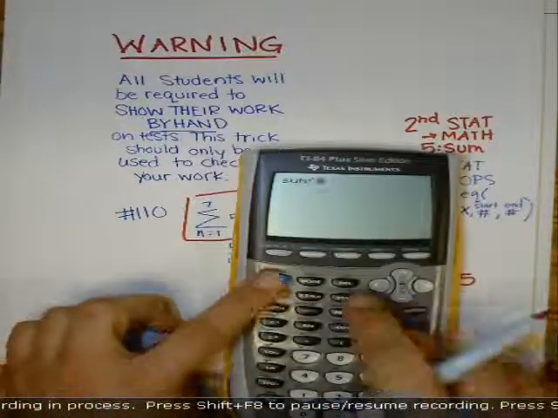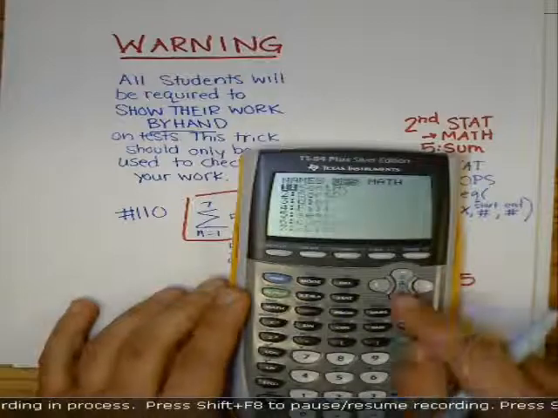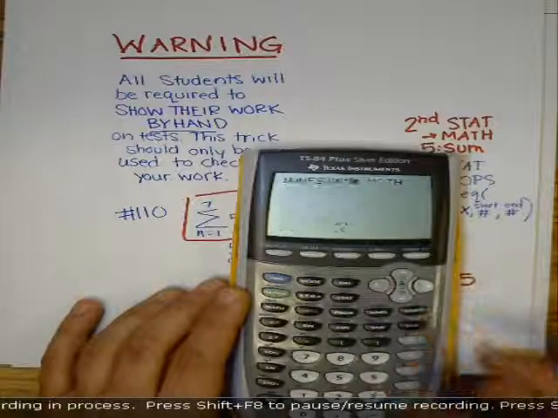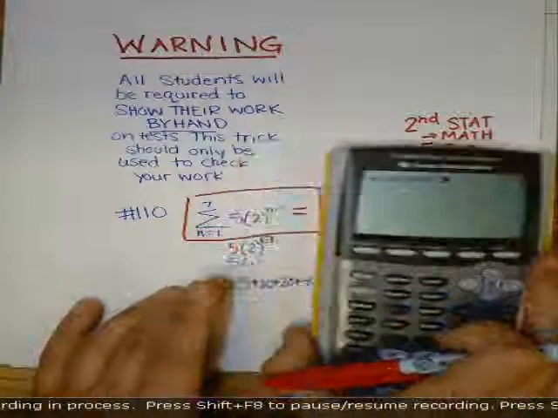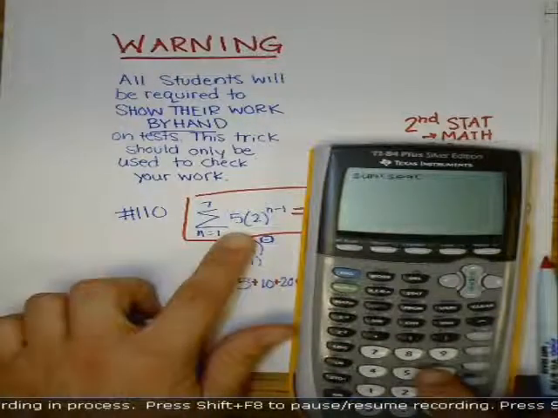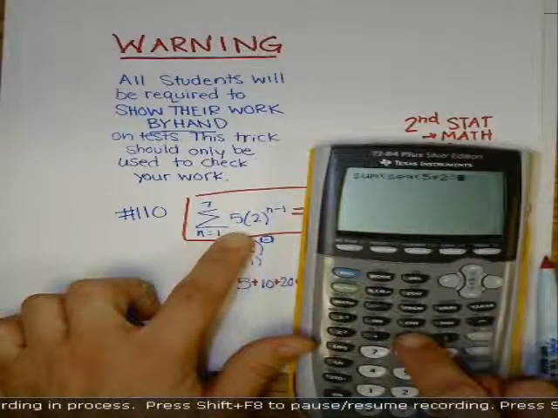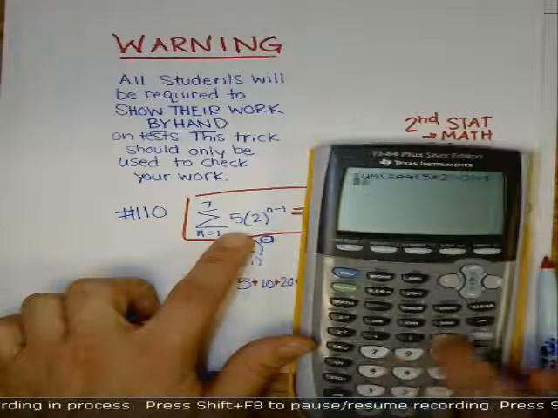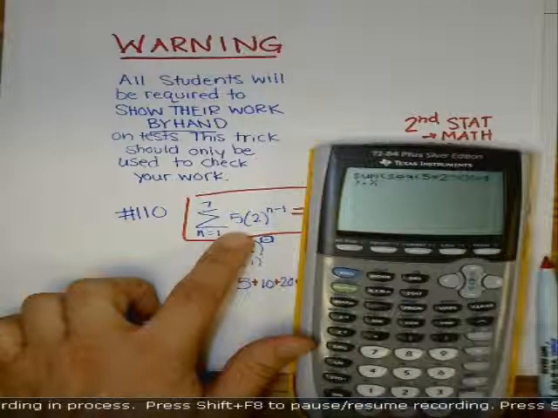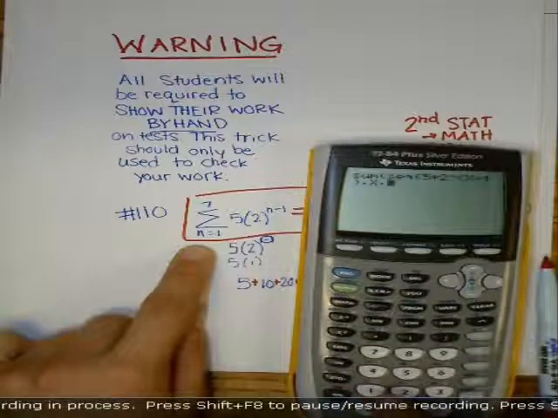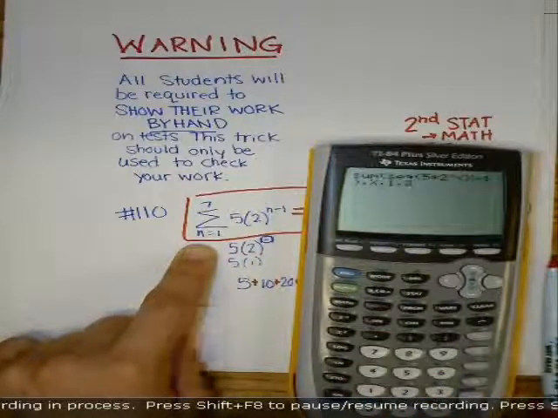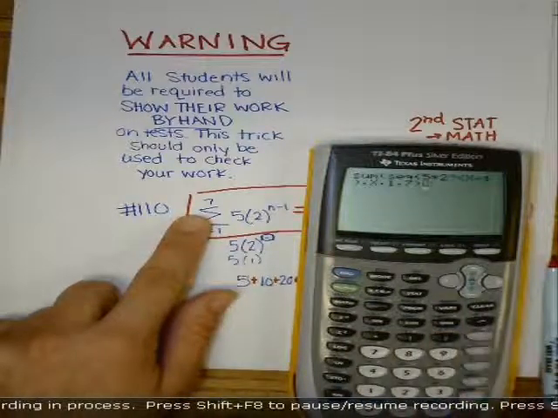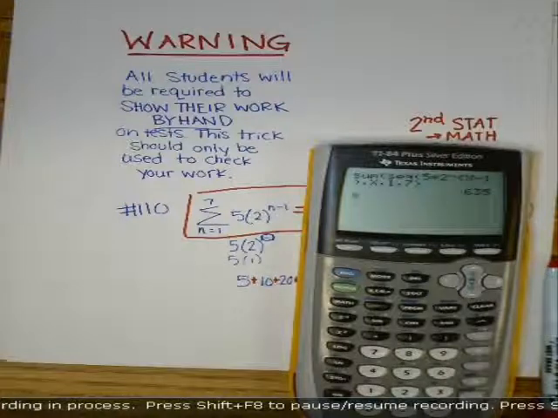So now I'm going to go back and say second stat, this time going to my Ops and choose the sequence. So sum my sequence, and now we've got to tell it what it is. 5 times 2 to the power of x minus 1. Define your variable x. You start at the first term. You end at the 7th term. And there you have it, the answer.